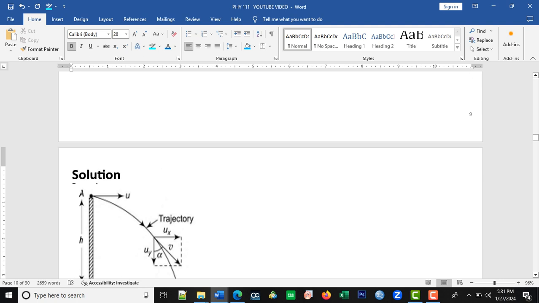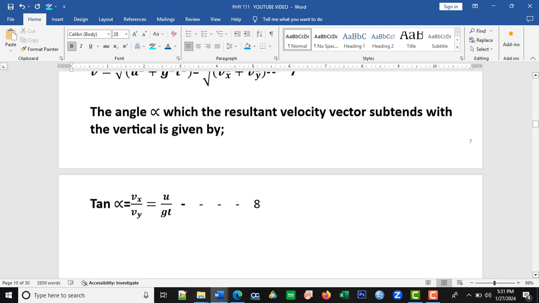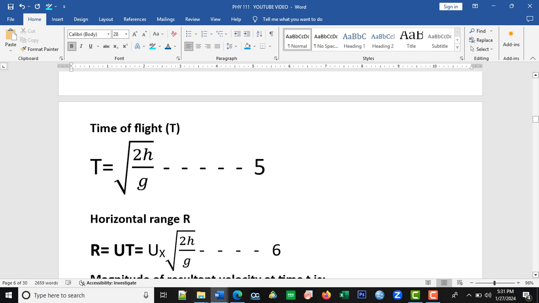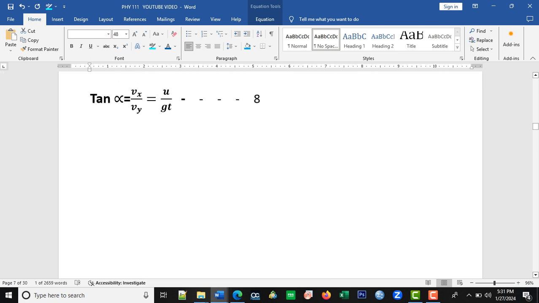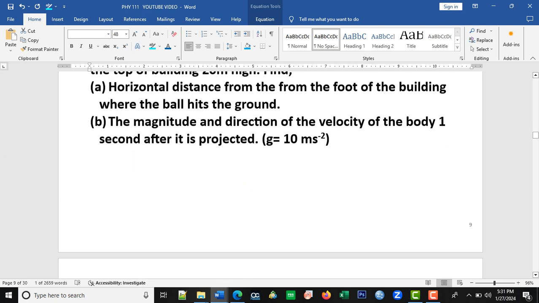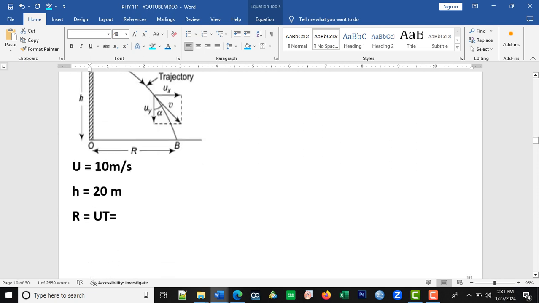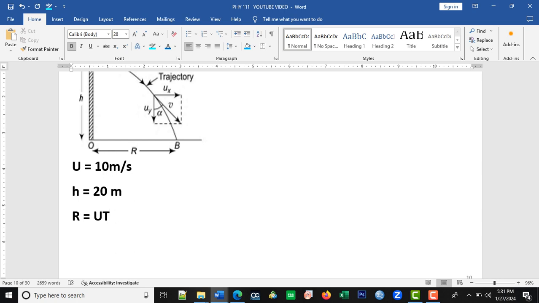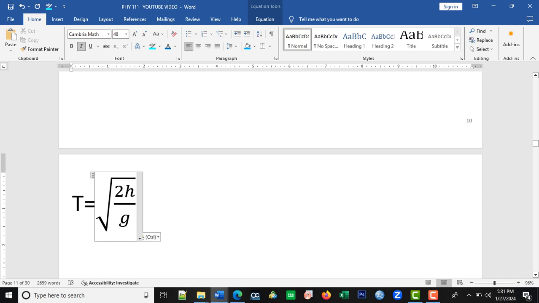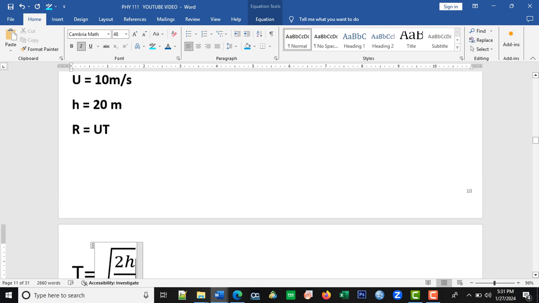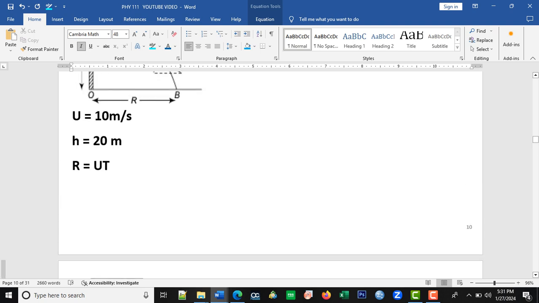So let's go to the expression which we are going to use, which is equation 5, the time of flight. The time of flight is given by t equals root 2h all over g. And in the equation we have h.